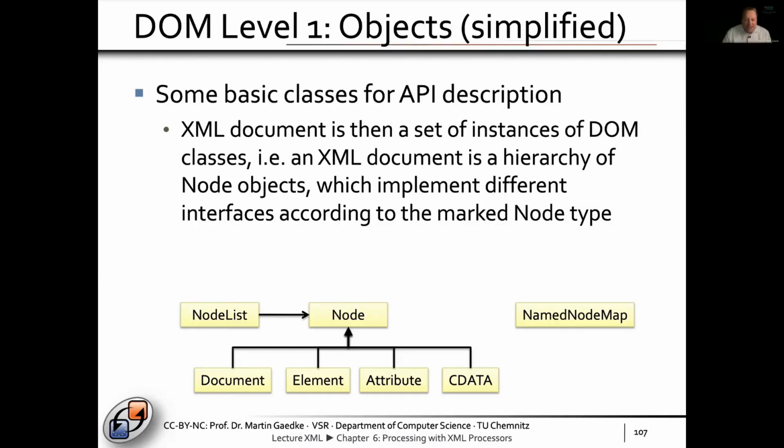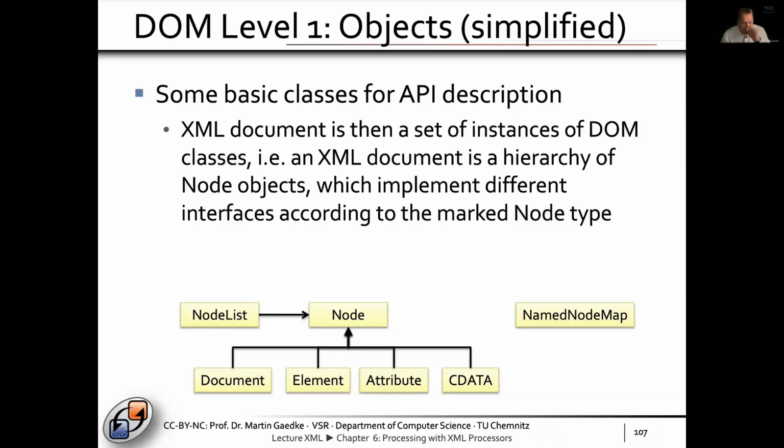In this specification, they have a couple of classes presenting the objects for an XML document. Most importantly is the object called node. So an XML document consists of a set of nodes, and there are different types of nodes.